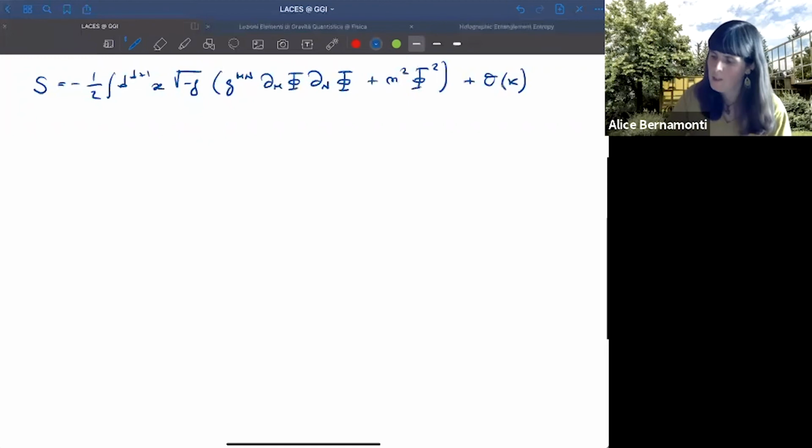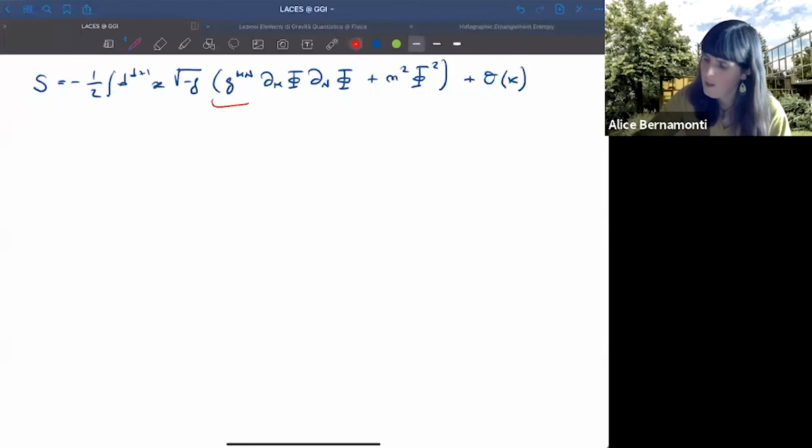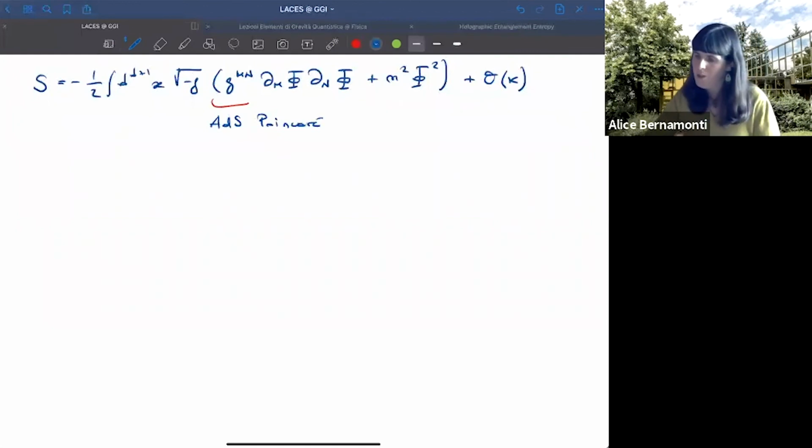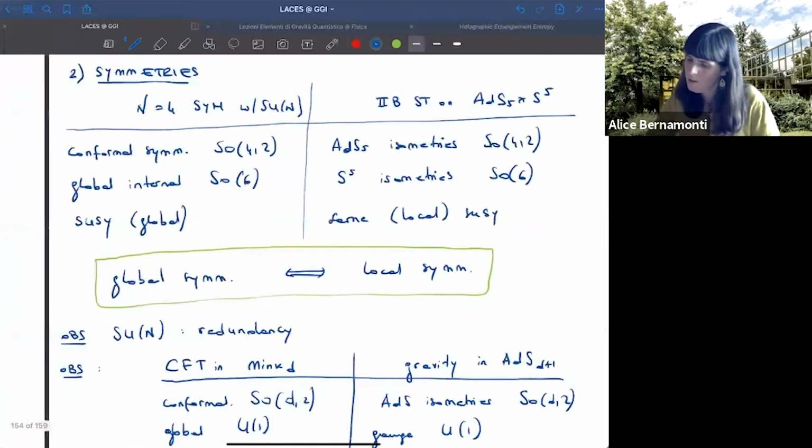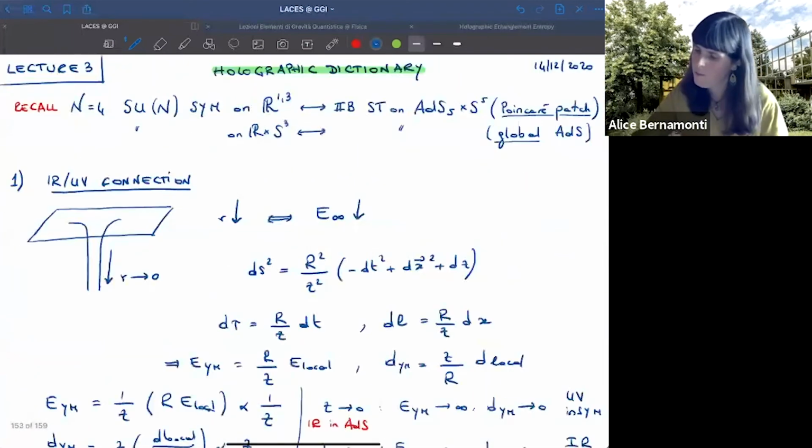And here G is what I called G0, I'm also dropping the 0. So this is the metric of the AdS background, which is the AdS Poincare patch, which, since it might be useful, I will actually copy.